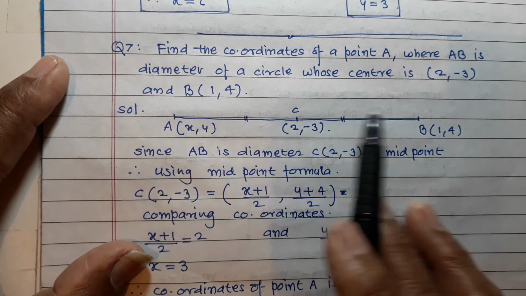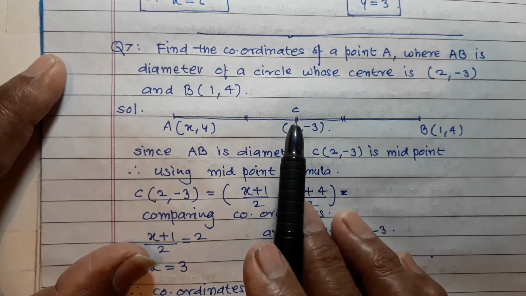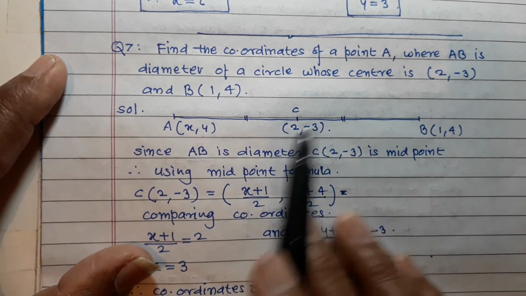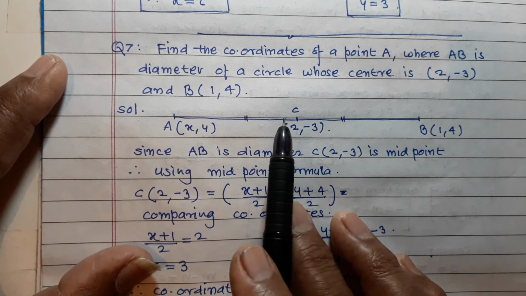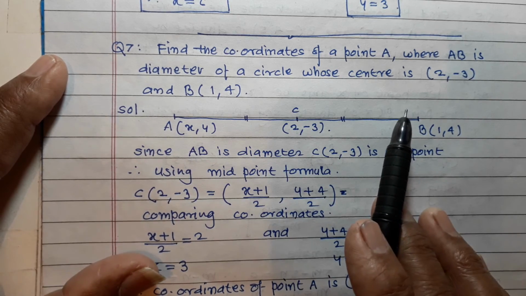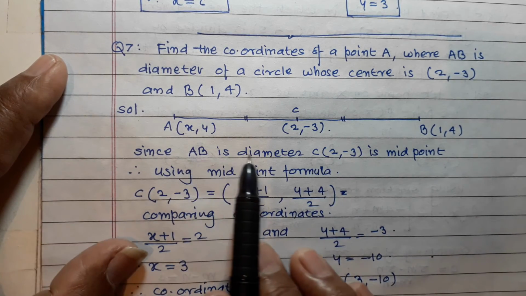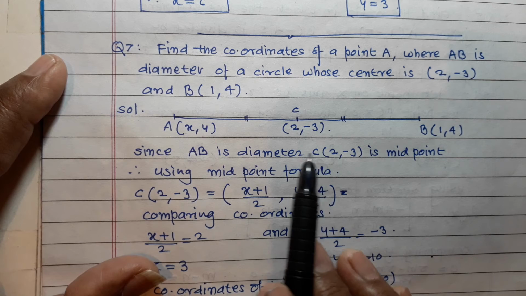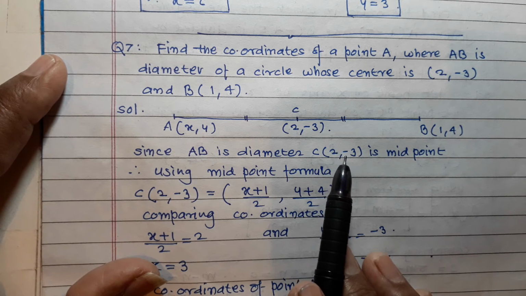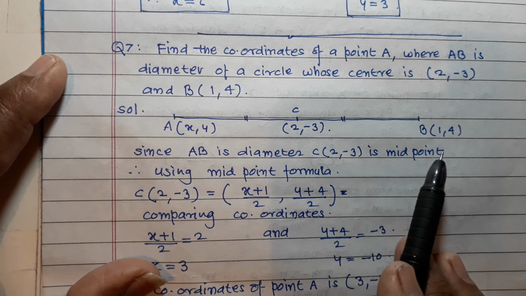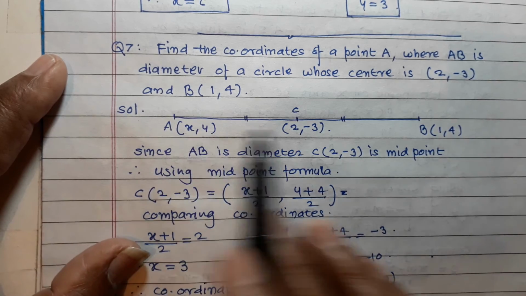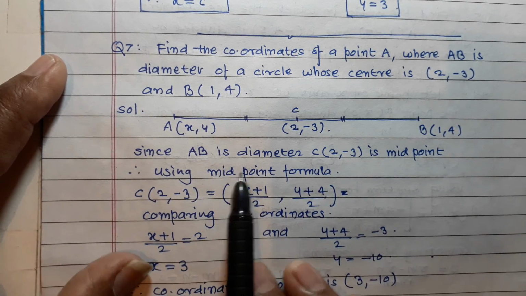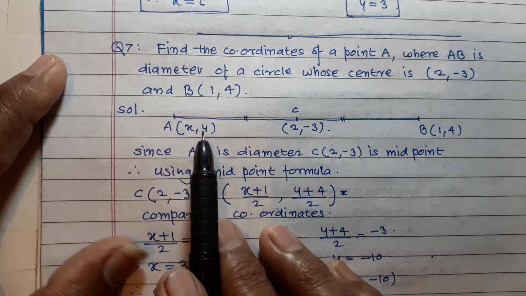You know AB is the diameter, and therefore this C is the center, which is the midpoint of AB. So since AB is the diameter, C (2, -3) is the midpoint of AB. So using the midpoint formula you can find this.